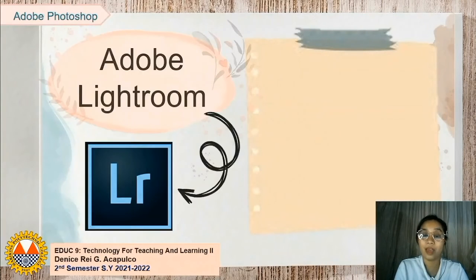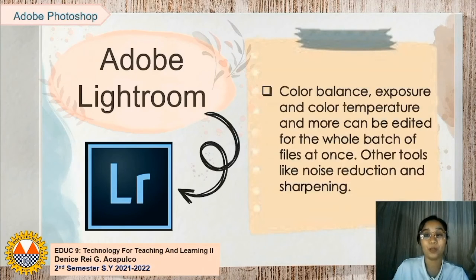So, the next thing we will discuss is the difference between Adobe Photoshop CS6 and Adobe Lightroom. In Adobe Lightroom, you can take a whole bunch of photographs to be edited at once by using color correction tools, like color balance, exposure, color temperature, and more.